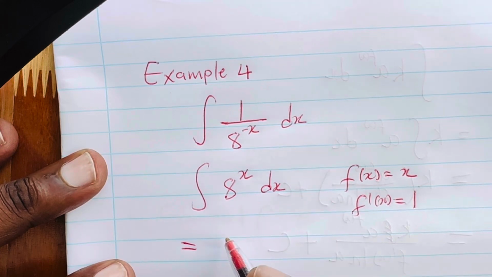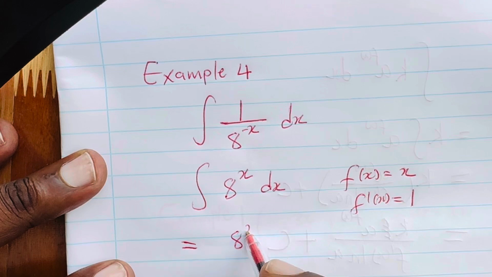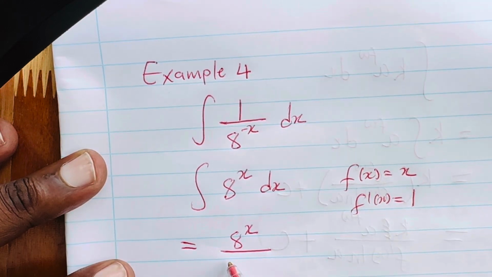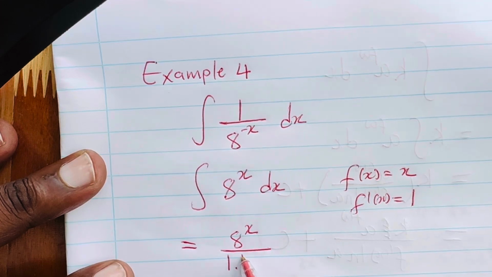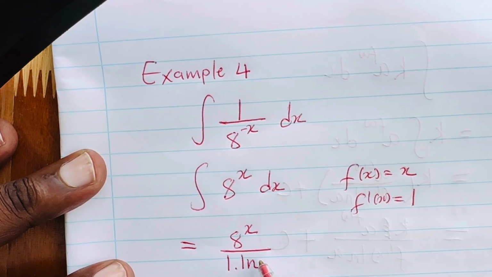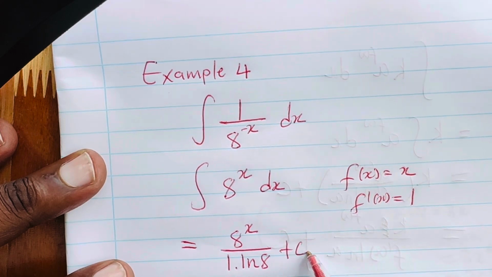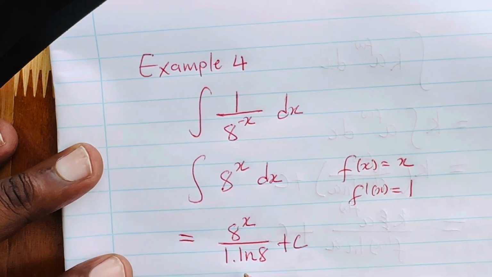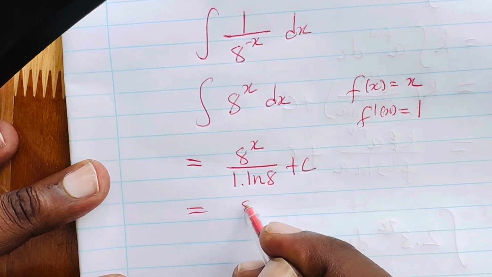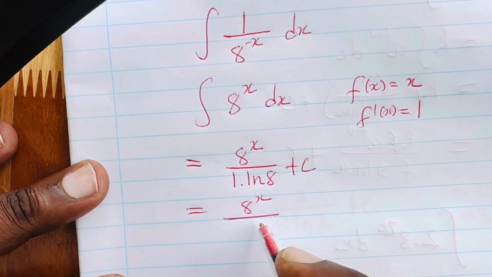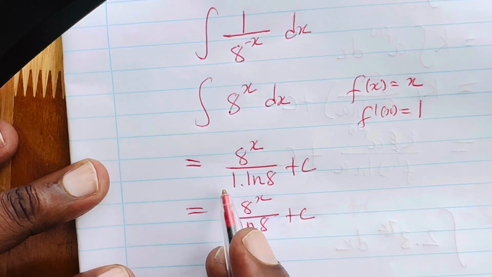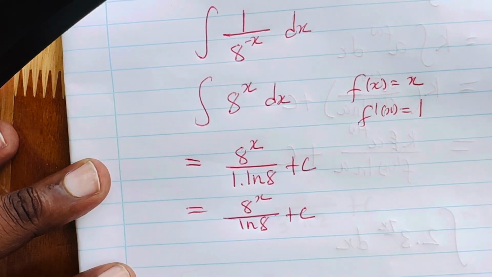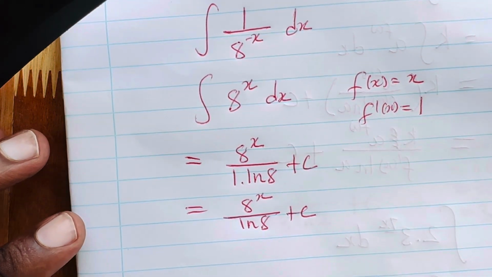Once we start integrating, we have 8 raised to the exponent of x divided by 1 multiplied by ln of 8, plus c. We can express this as 8 raised to the exponent of x divided by ln of 8, plus c, because 1 multiplied by ln of 8 is still ln of 8.